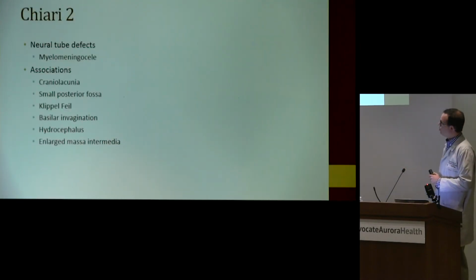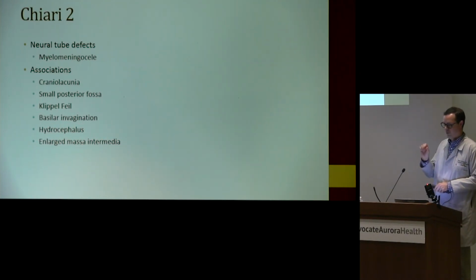So Chiari II, this is Arnold Chiari II. This is associated with neural tube defects, myelomeningocele, spina bifida. It has a bunch of associations with it. Small posterior fossa, bones in the spine that are congenitally fused together, hydrocephalus, and a large massa intermedia, which is an adhesion between the thalami in the brain. And these are all just kind of markers for it.